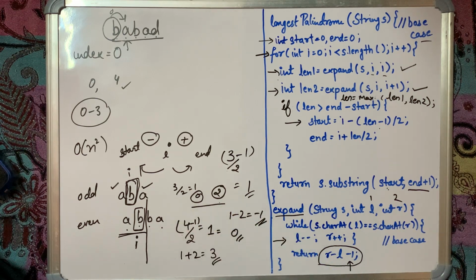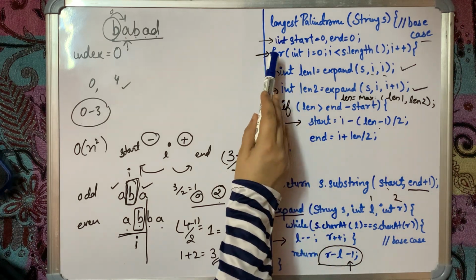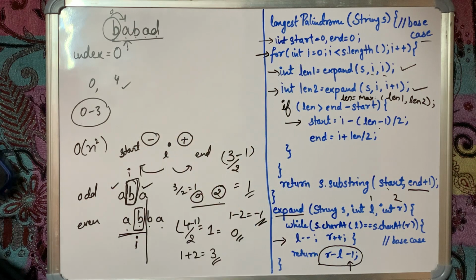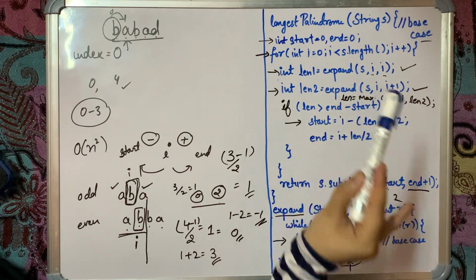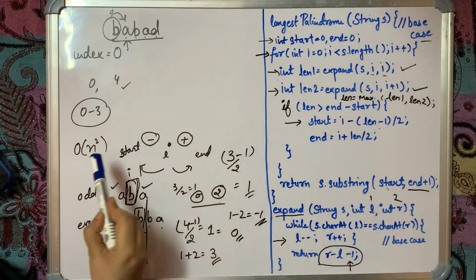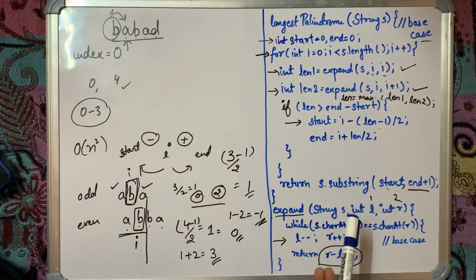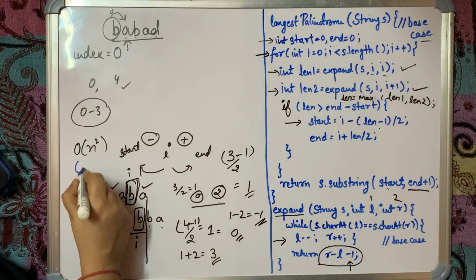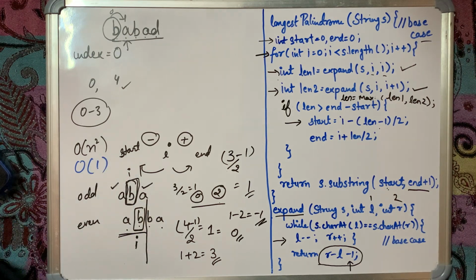We are calling functions, but that's a different thing, whatever space is consumed there. For time complexity, we are using one for loop, n, and after that we call the expand function, and expand will at most go over each character in the string once, not more than that. So in the worst case you will always have O of n square time and O of 1 space complexity.